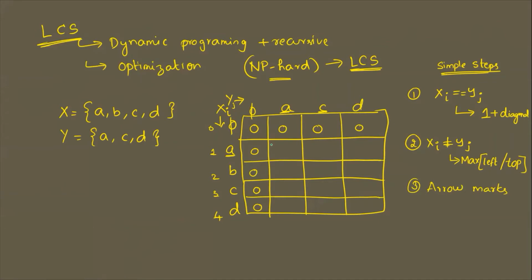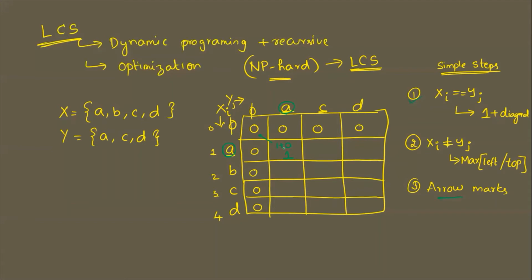So now next is here, if I consider this one A and then A. Both are same. What I have to do? 1 plus whatever is diagonal, this is the diagonal value, right? 1 plus 0. So I will write 1. So step 1 is done. Now this will not be the case. And next is, we have to draw the arrow marks properly.